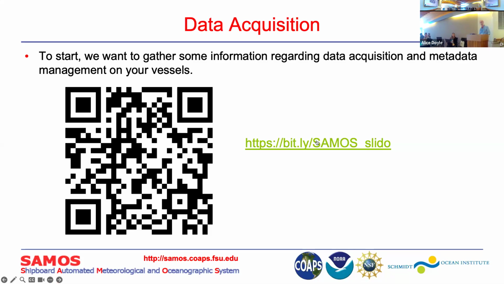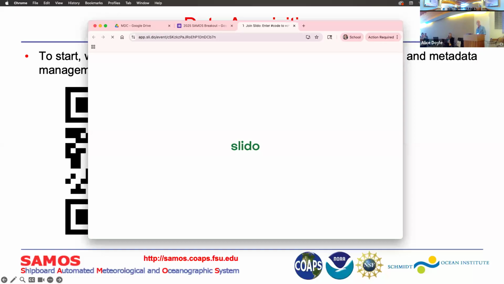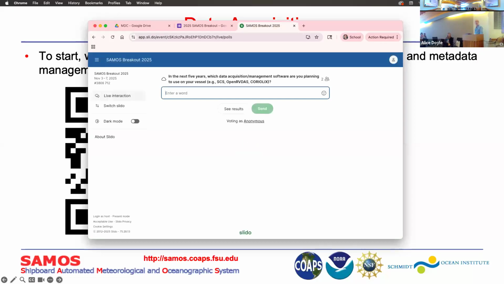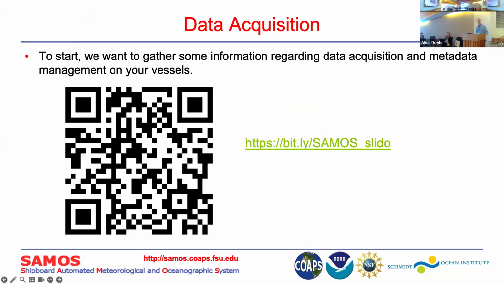This first one is a word cloud, so if you enter information, we should start seeing what your plan is.